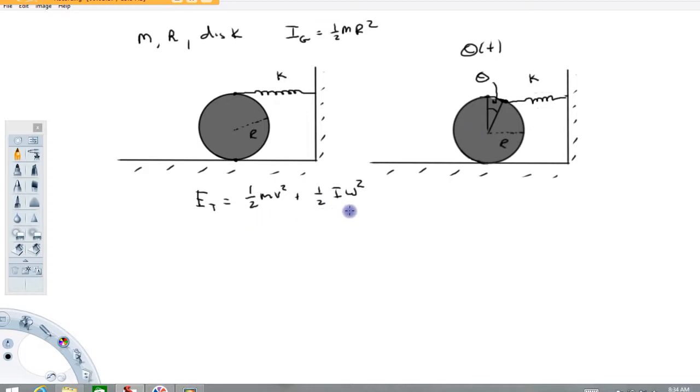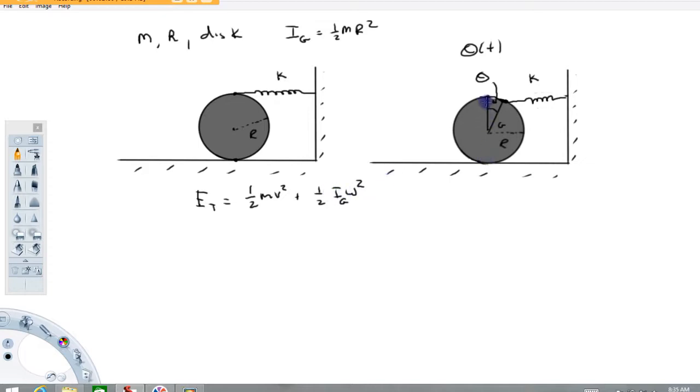Now the way that I've got this expressed, this I would be about G, the center of mass of the system. Now, we could leave it like this, or we can express the kinetic energy with one term, a rotational term, if we find the I about the instantaneous center of rotation.